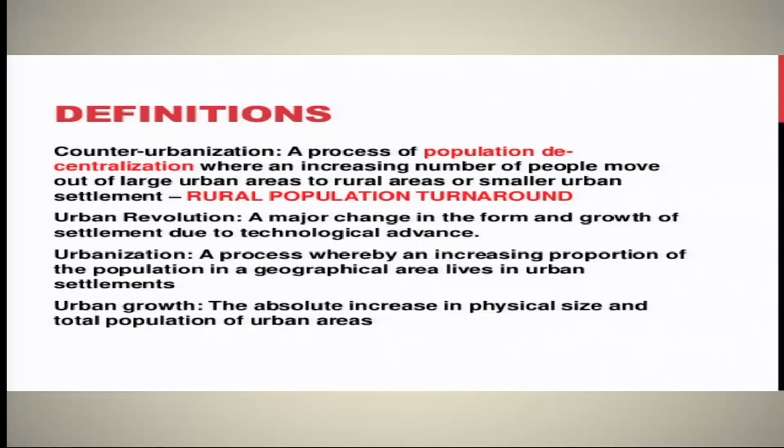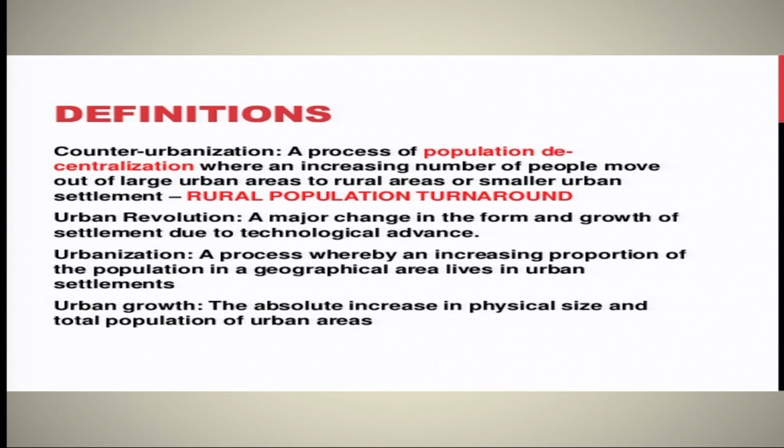Now let's go to certain definitions. Let's see what is counter-urbanization. It is a process of population decentralization where an increasing number of people move out of large urban areas to rural areas or smaller urban settlements. That is the rural population turnaround, known as counter-urbanization.